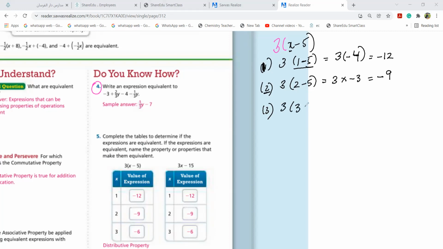Malak? If I put 3 minus 5, what do I get? Look at question 3. 3 and then we're gonna put minus 2. Very good. And what is your answer?